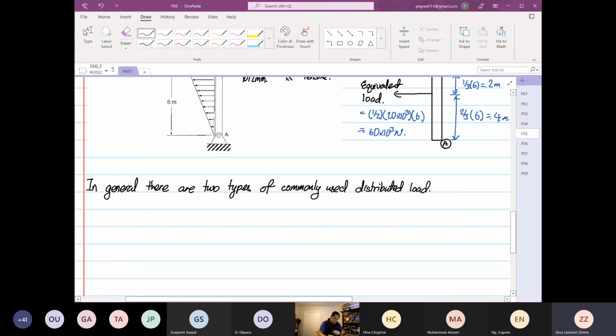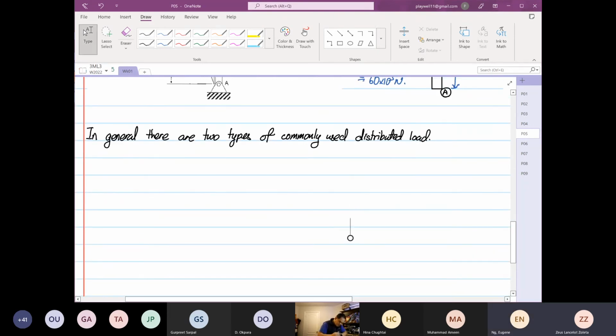One is known as uniformly distributed load.